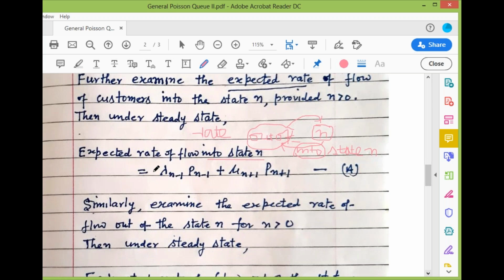rate is what? Rate is this one. Lambda n minus 1 is a rate. This is just being treated as the random variable x. This arrival is random, and corresponding to this probability, without probability this cannot take place. You know that this is random, so random means probability.